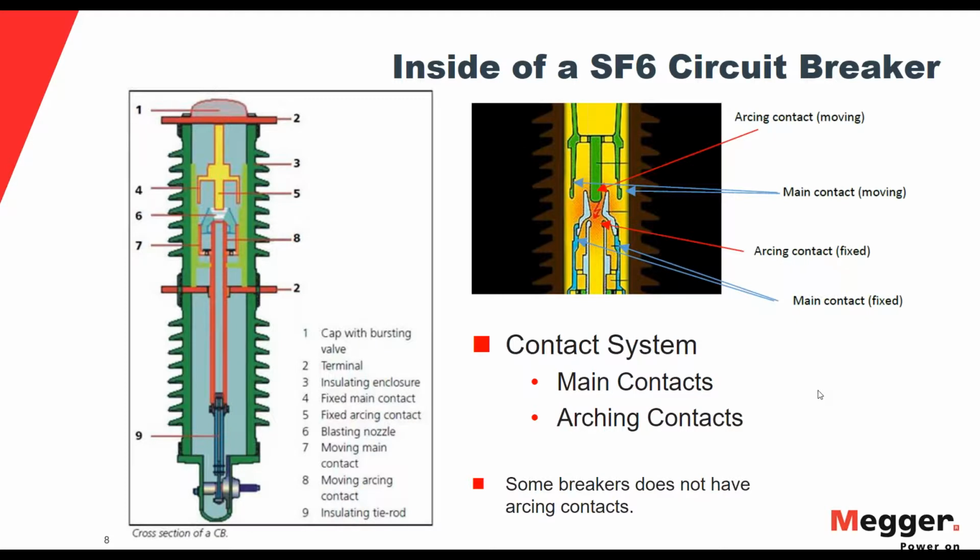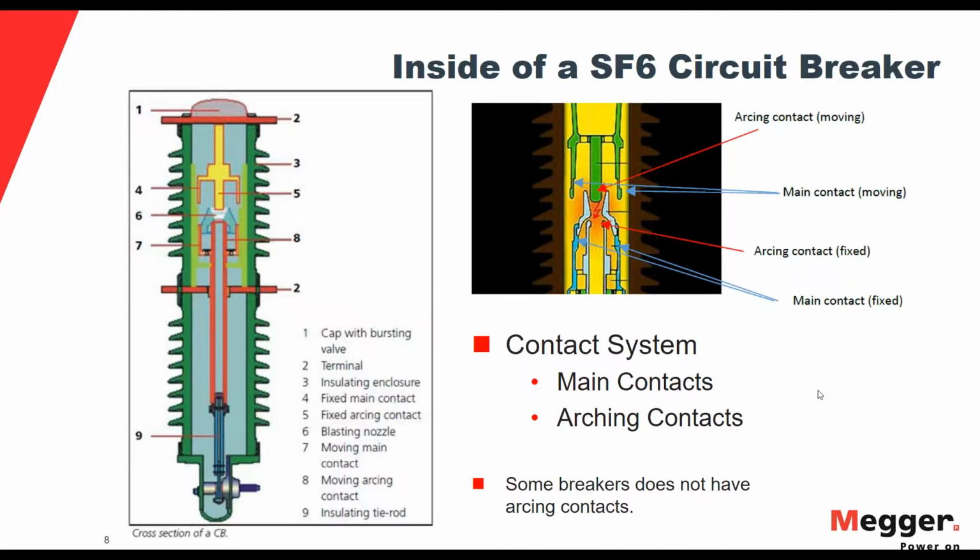The main contact's job is to carry the high current during normal condition with very minimum losses. The arcing contact's job, during breaking or closing of the circuit breaker, is to close first and open last, to quench or take the energy generated from the arcing in the opening and closing operation. That's why it's called the arcing contact.